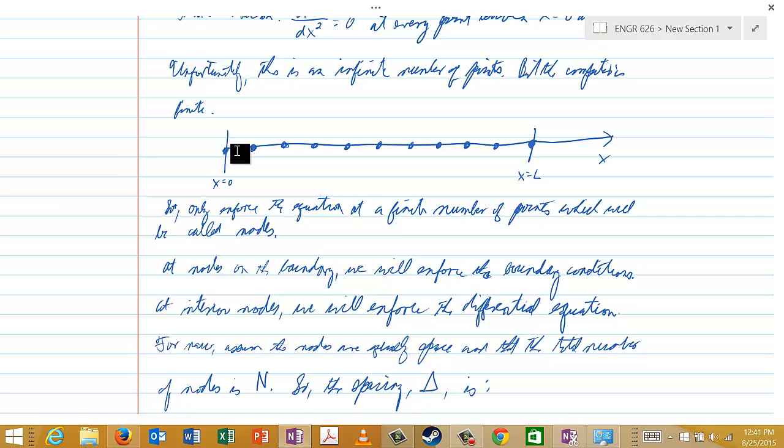That's a restriction that we will be able to relax later on in the course, and we'll look at what happens when we have non-uniform spacing of the nodes. But for right now, let's assume that the spacing is constant. The spacing between any two consecutive nodes is the same.